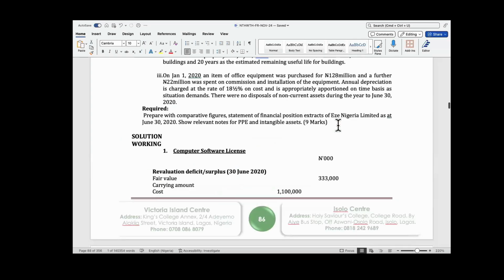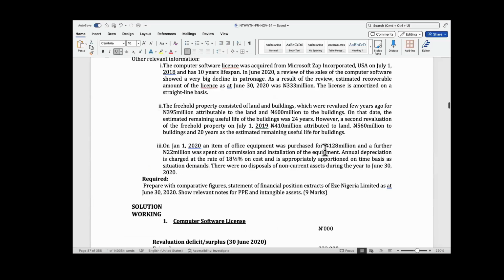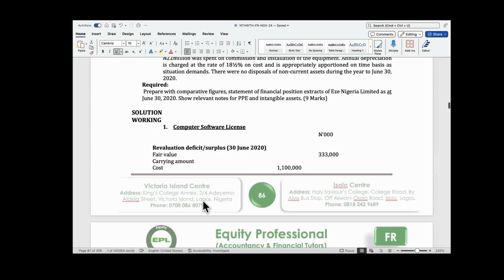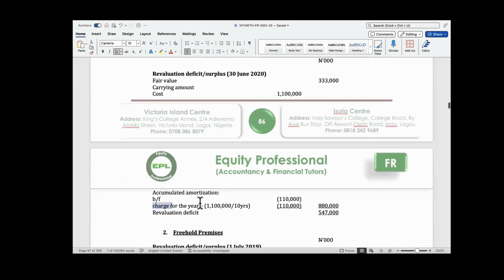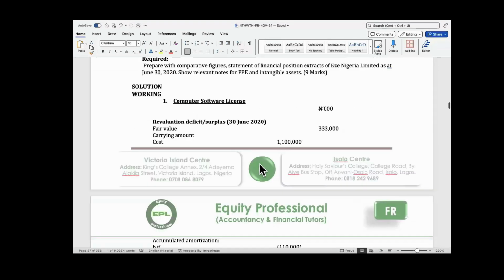This is the accumulated depreciation till the beginning of this year, so that's why I call it brought forward. Then the charge for the year, meaning the amortization for the year, is just cost over the useful life to give me the current year amortization.